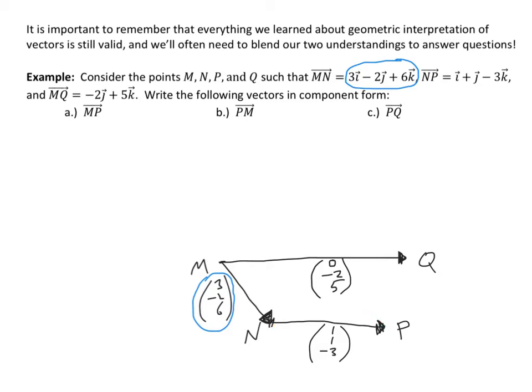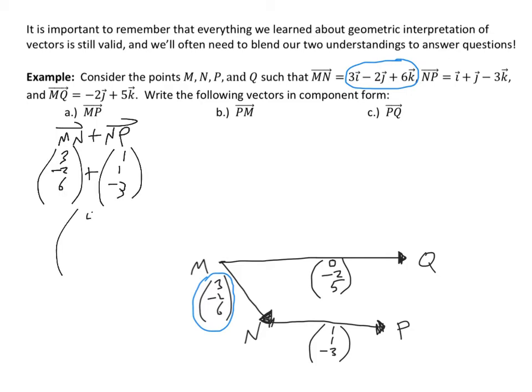Basically MP should be MN plus NP. But I have vectors for those things. MN was just 3, -2, 6. And NP was 1, 1, -3. And so when I add those things together, I wind up here with 4, -1, 3.